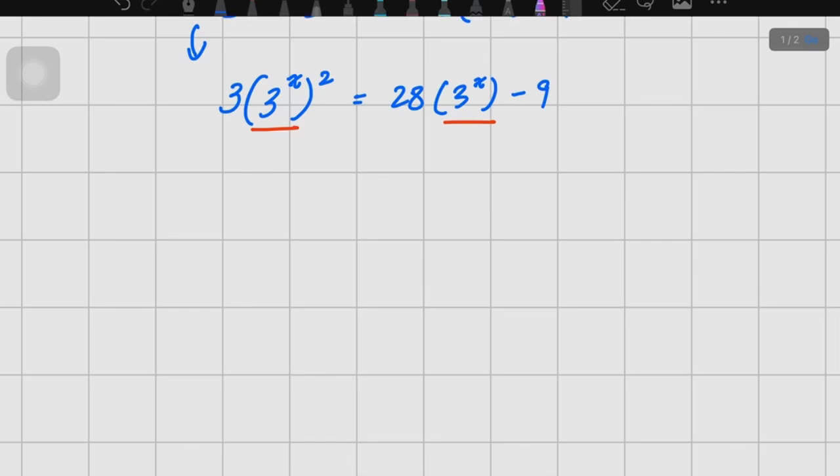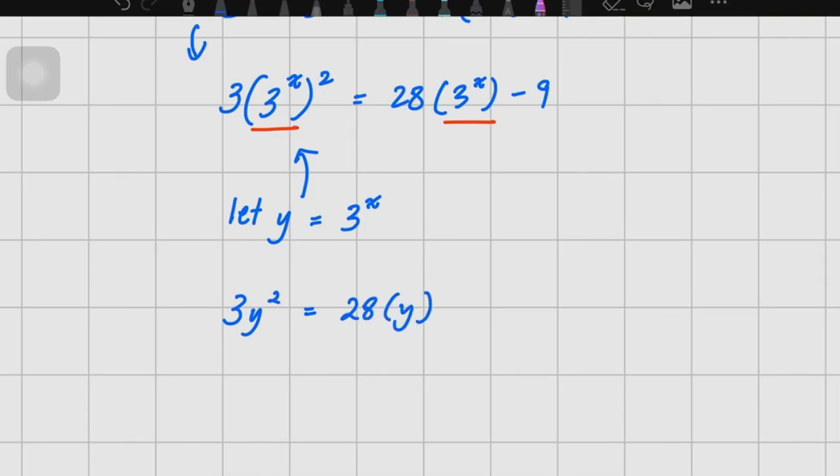So we use the substitution method, which is let y equals to 3 to the power of x. So we substitute this y into the equation, and it will be 3y to the power of 2 equals 28y minus 9.